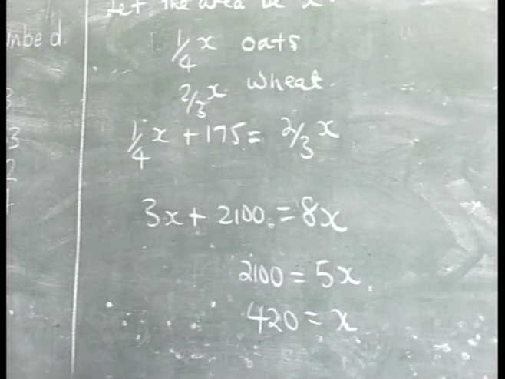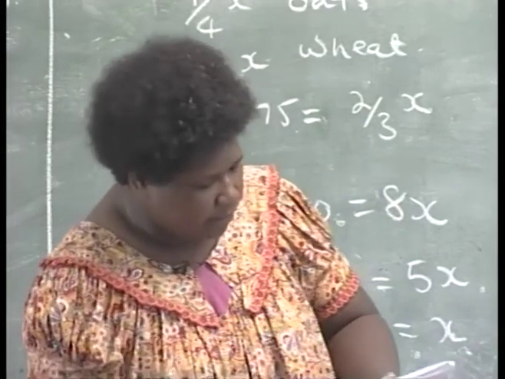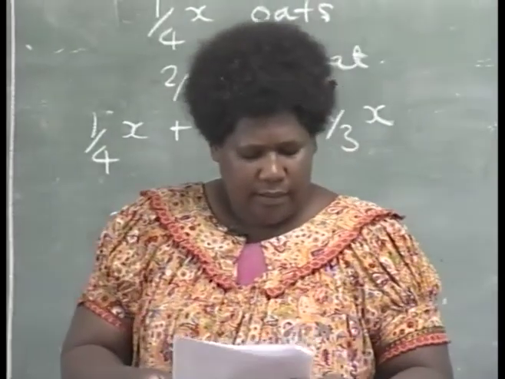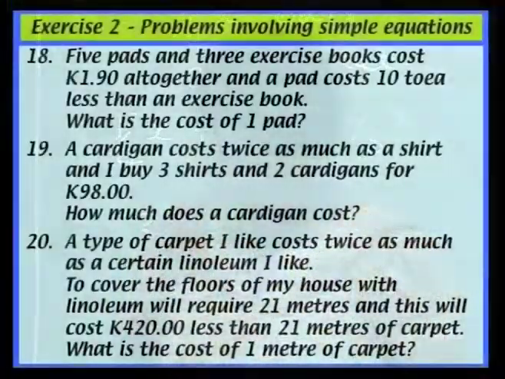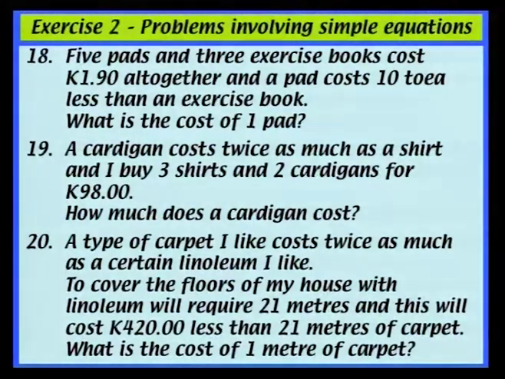I'm just going to give you the answers to the next 3 questions, and then we'll finish. And hopefully I've got them right. Okay, question 18. The answer is 30. That's the cost of 1 pair. 30 toya. Huh? How come I got 30 toya?